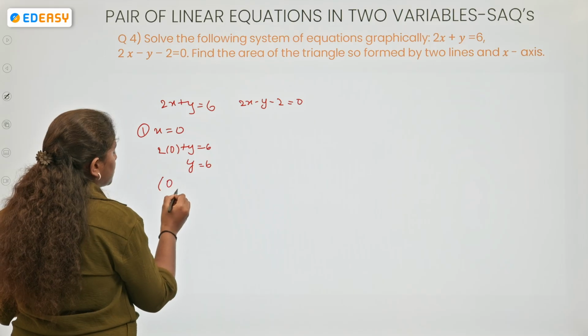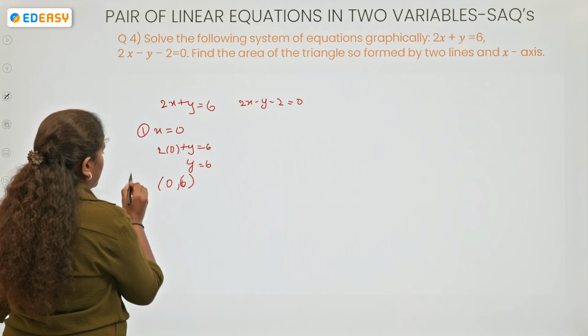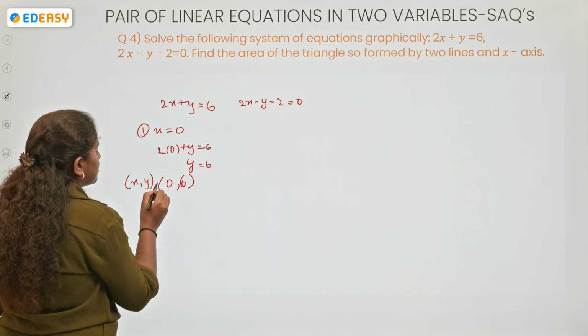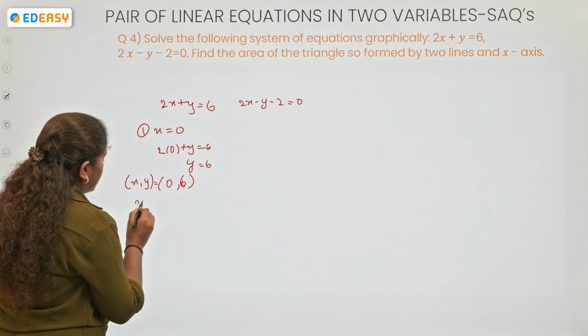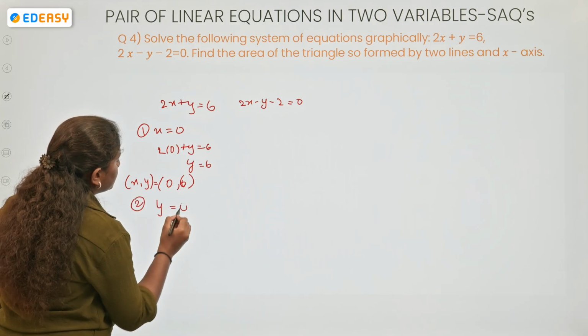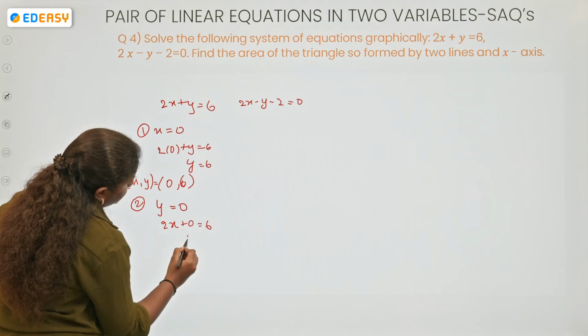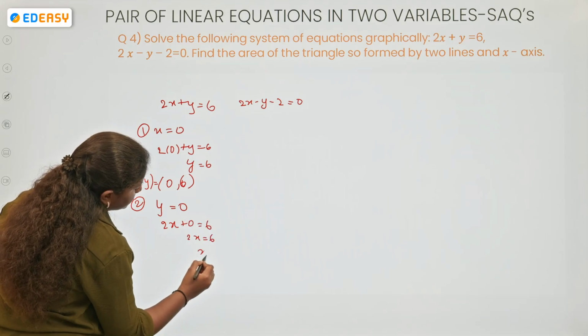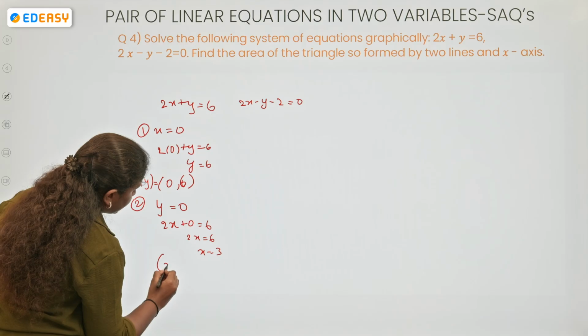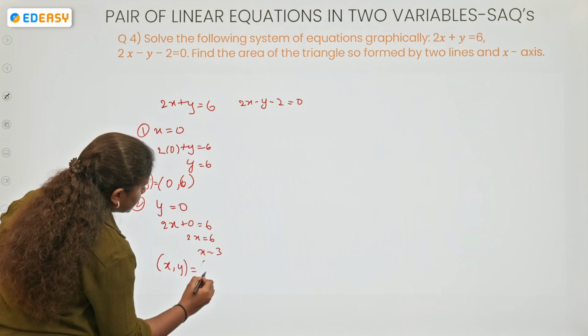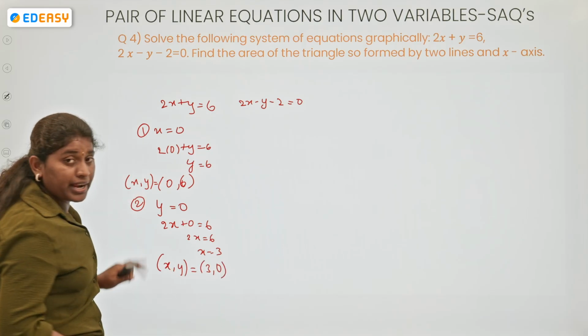The point is 0 comma 6. Next, we take y equals 0. So 2x plus 0 equals 6, 2x equals 6 and x equals 3. We got the point 3 comma 0.